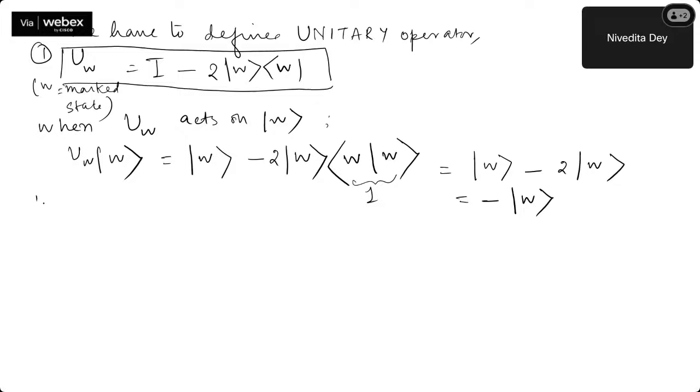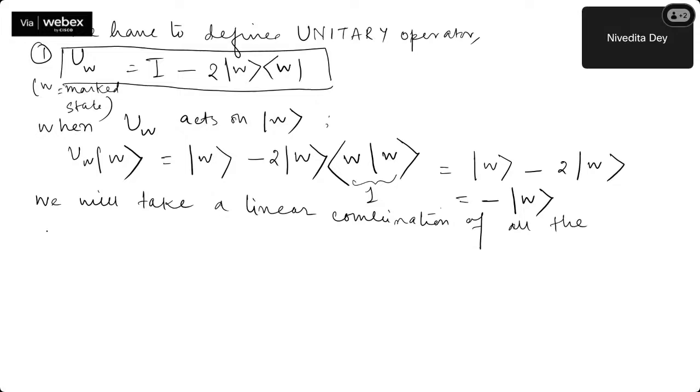So we will take a linear combination of all the computational basis states as our inputs.